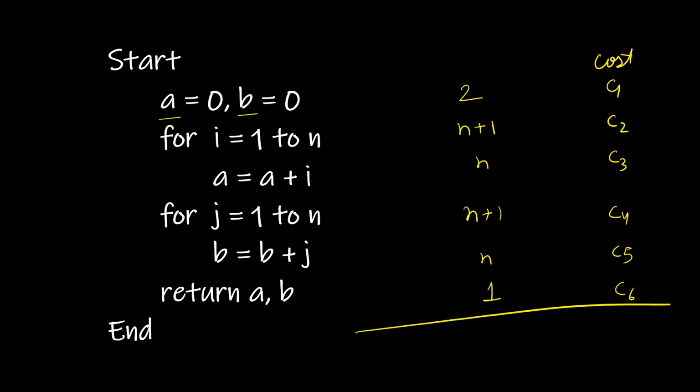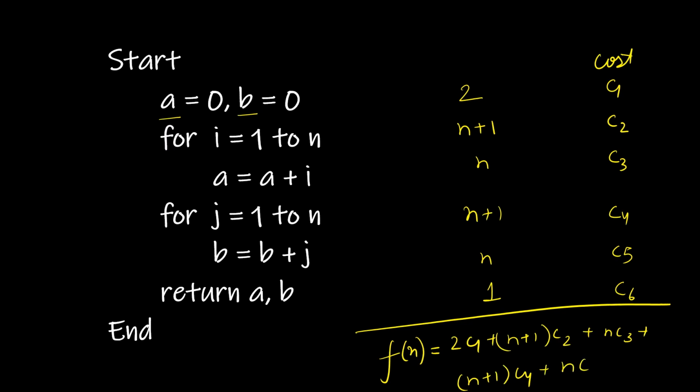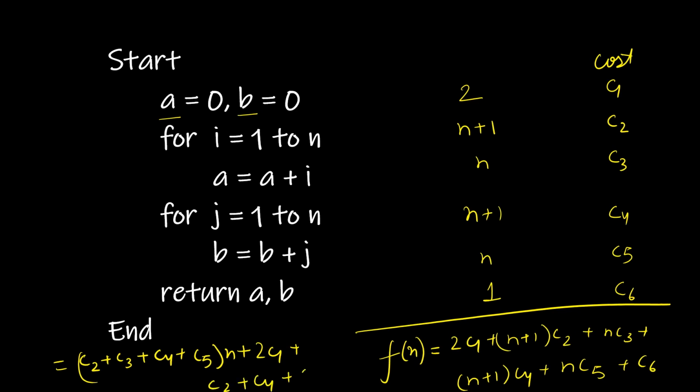So the time function of this algorithm will be given by 2c1 plus (n plus 1) c2 plus n c3 plus (n plus 1) c4 plus n c5 plus c6, which can again be rewritten as (c2 plus c3 plus c4 plus c5) n plus (2c1 plus c2 plus c4 plus c6).